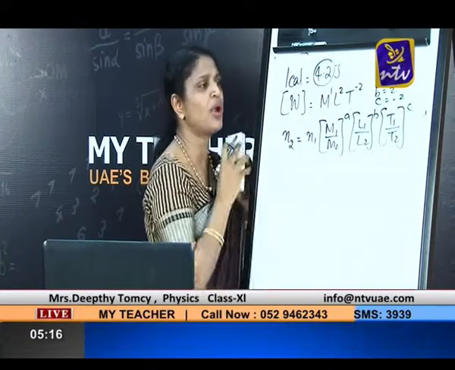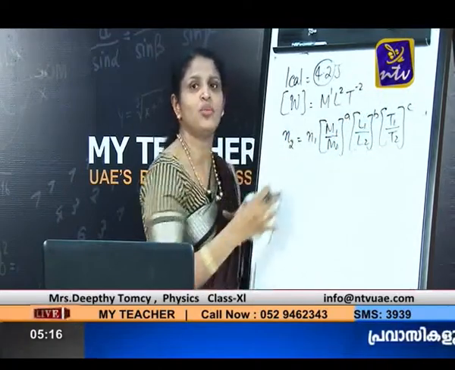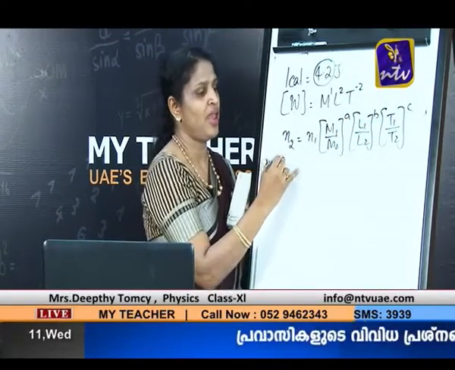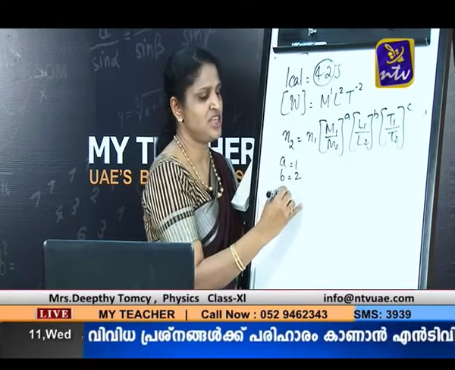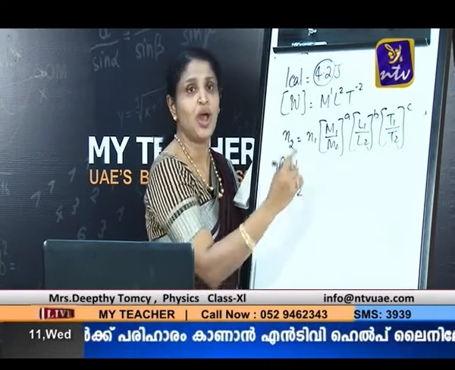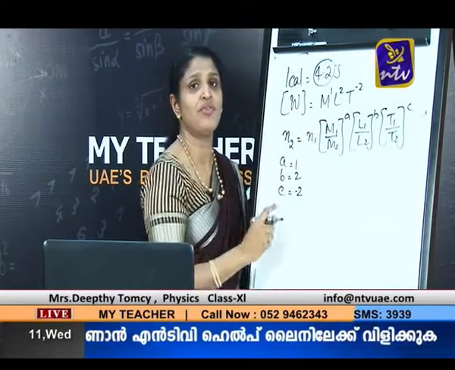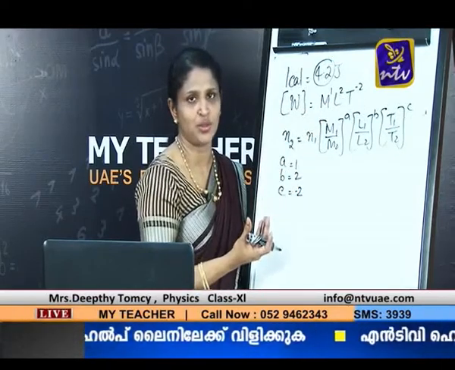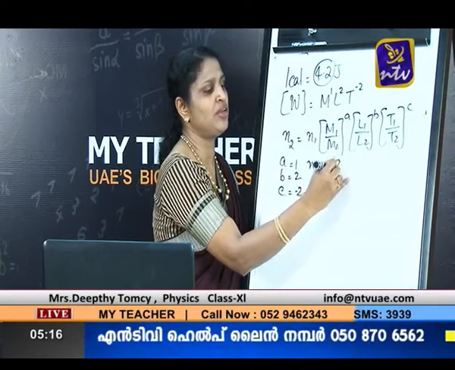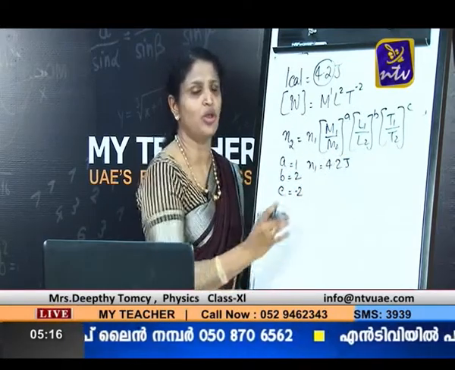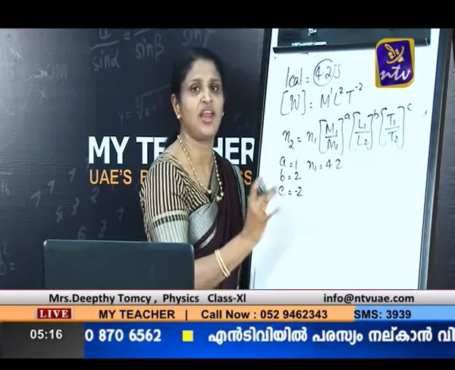I will represent it one by one clearly here on the board. You can see a's value is equal to 1, b's value is equal to 2, c's value is equal to minus 2, according to the dimensions of the physical quantity that they have asked. And the value of n1 represents the given system, that is 4.2. The value 4.2 is n1.